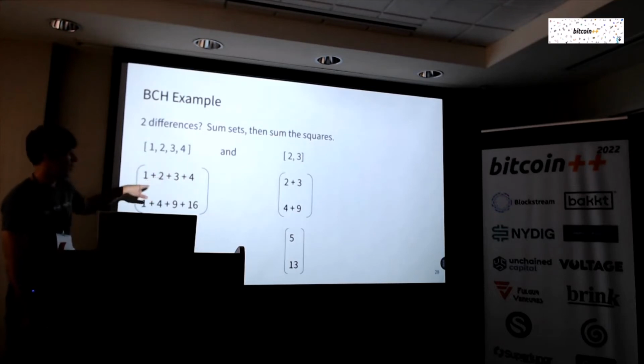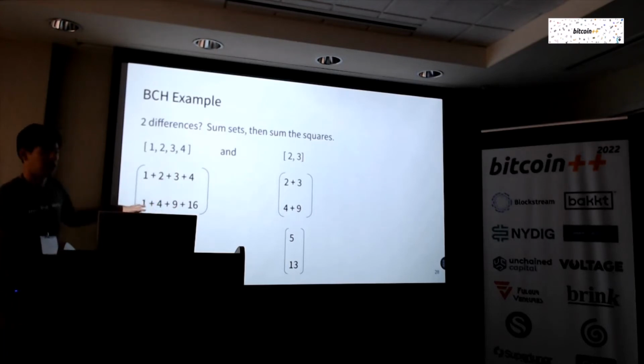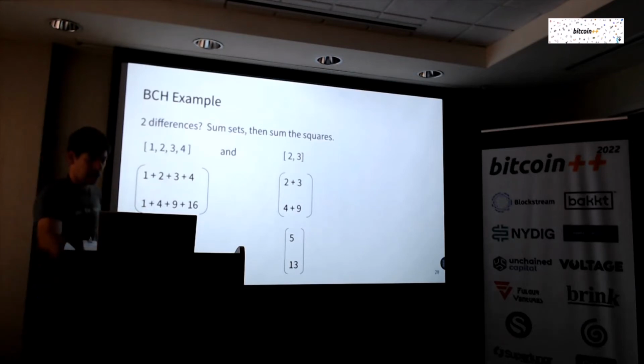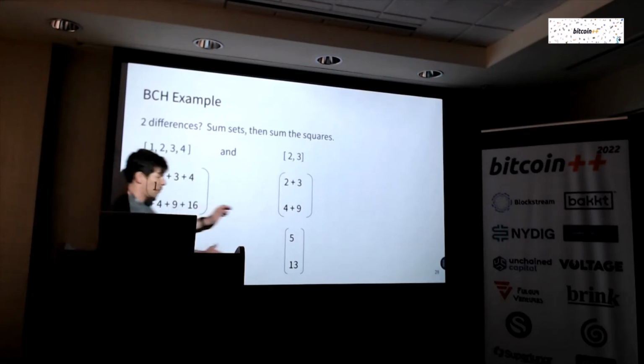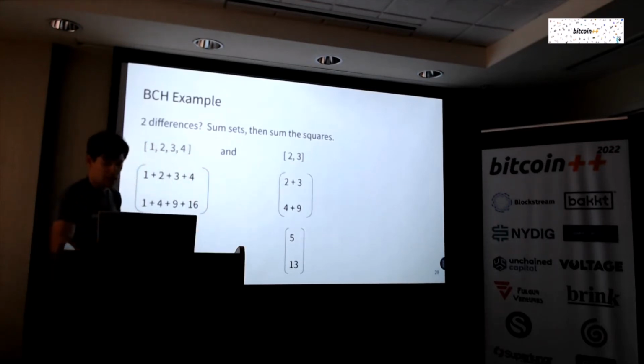The first element is the sum of the elements, and the next element of our array is the sum of the squares. So I've gone ahead and done this basic math. So now this is the data in this array that we're going to transmit to the other guy. It's twice as much to reconcile like 2 differences now.